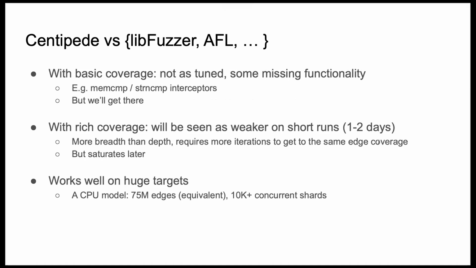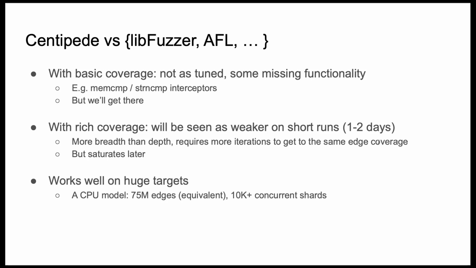So how about Centipede versus libFuzzer and AFL? The short answer, I have no idea. So far, I didn't even care too much. I will care about it relatively soon. If you compare Centipede with just the basic coverage instrumentation with libFuzzer or AFL, it's probably going to be worse.